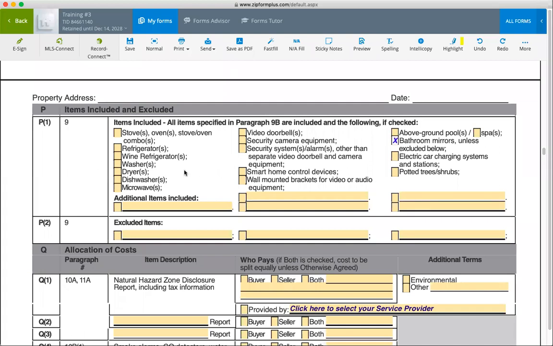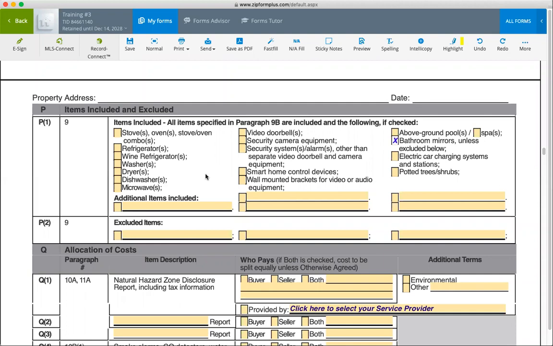We sometimes get into a problem when the listing says the washer and dryer are not included. The buyer checks off washer and dryer, and nobody notices it along the way. We get to the end and the washer and dryer are gone, but the buyer's expecting them. We can get into problems there. One of our most experienced agents said to me one time, he says, I don't buy washers and dryers.